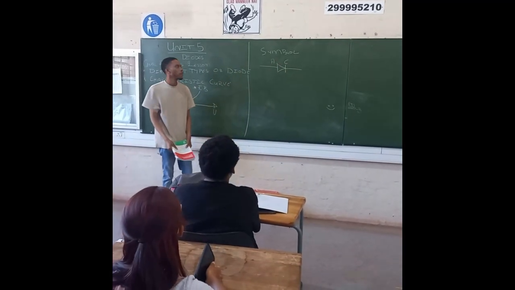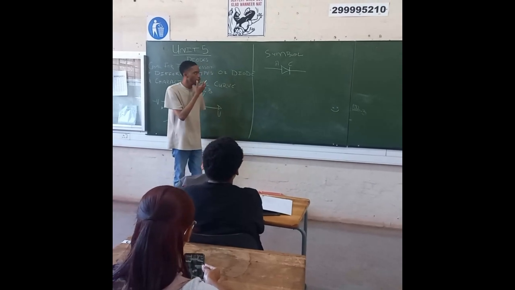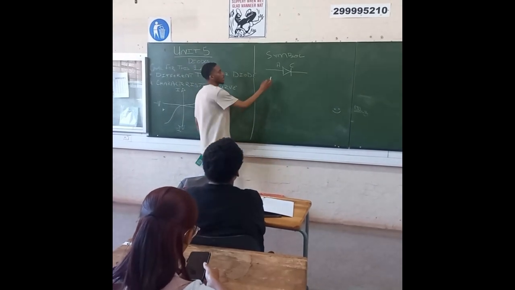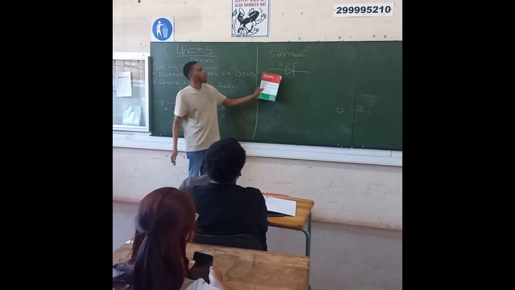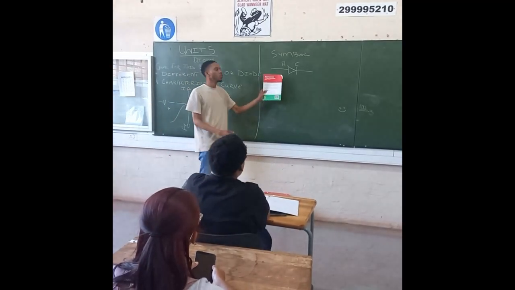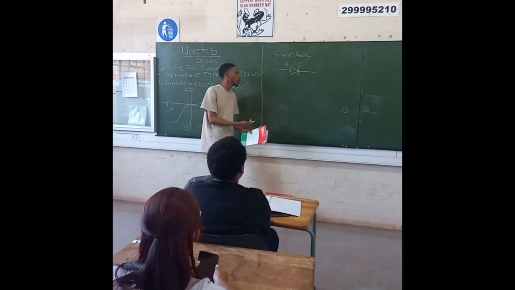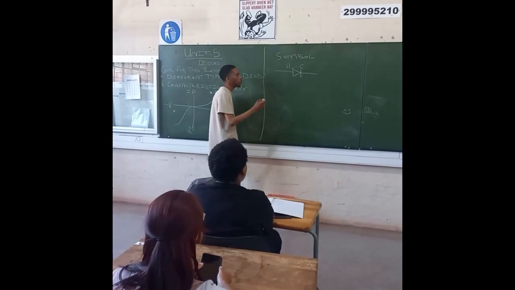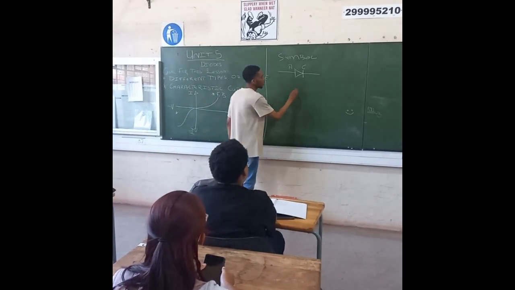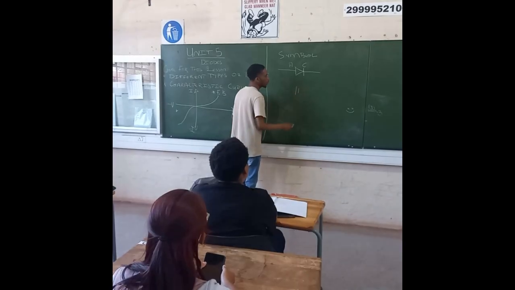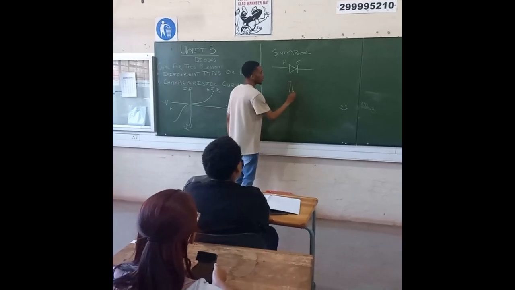Remember, I tried to explain the basic operation of a diode. How do you know that a diode is forward biased, and how do you know that it's reverse biased? If you take your battery and connect it, let's say I use a symbol for a battery, this is positive and this is negative.